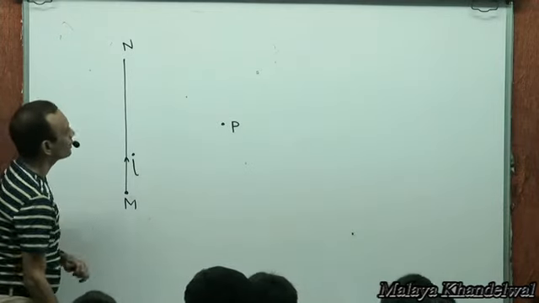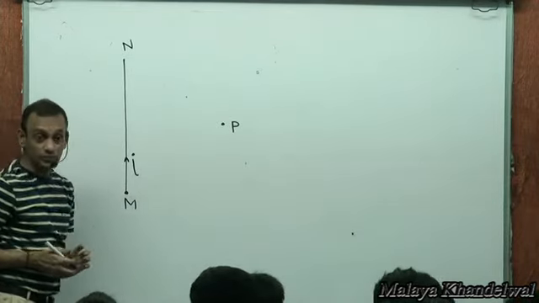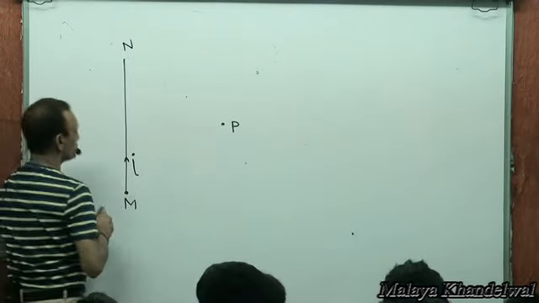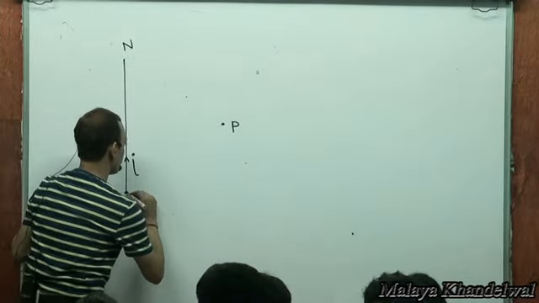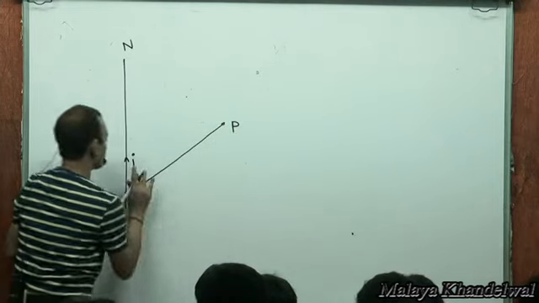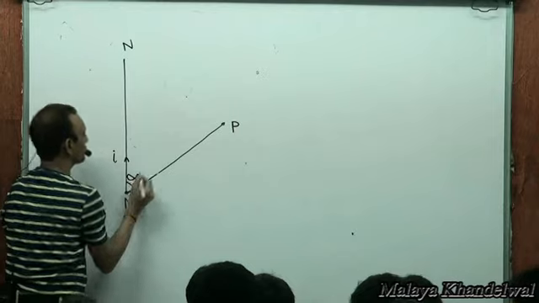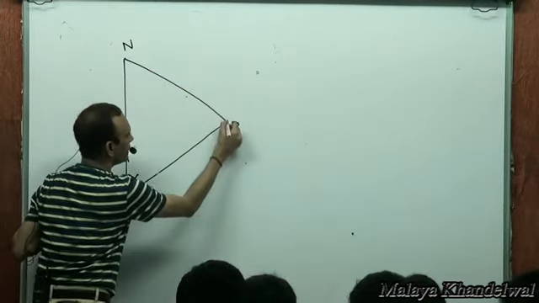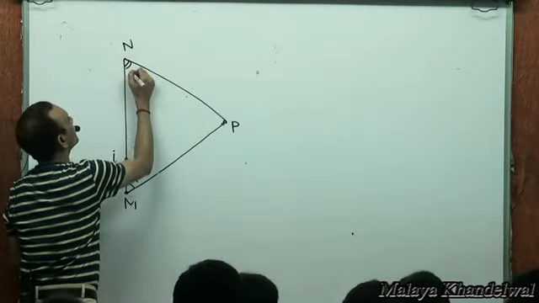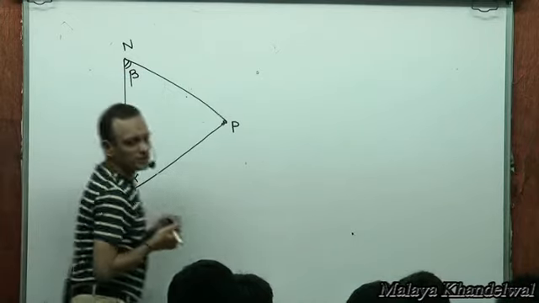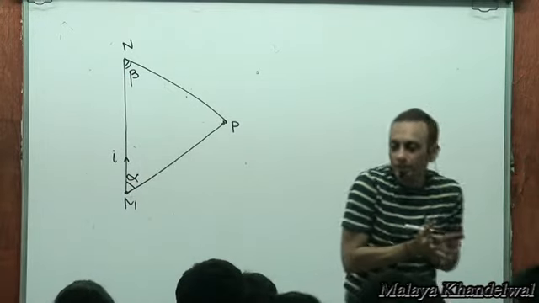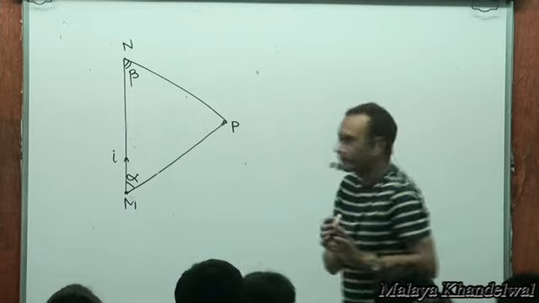Okay. First of all, let me locate P. P could be located, let's say, with the help of two angles, alpha and beta. Alpha and beta would locate P, right?